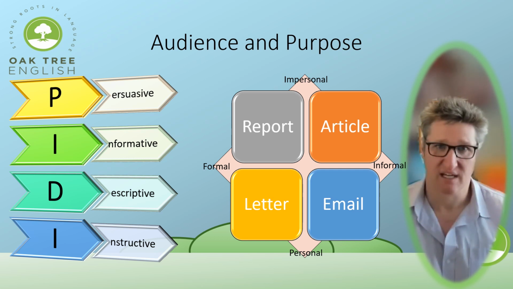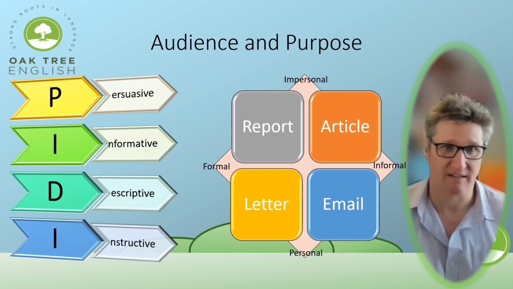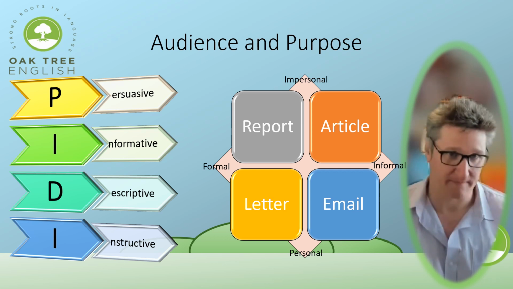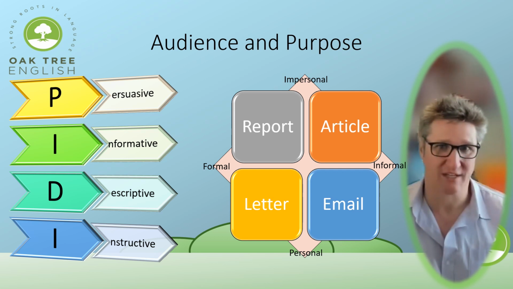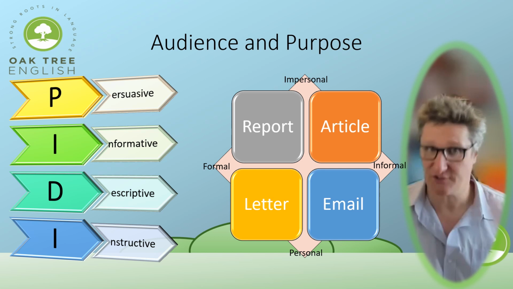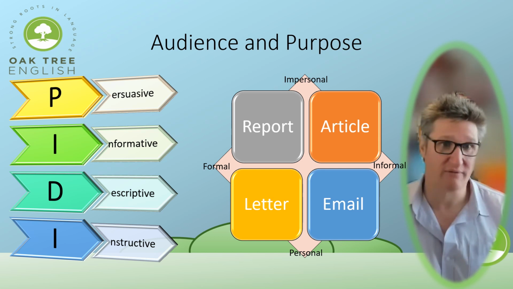Descriptive texts describe, such as a guidebook for an art gallery. Instructive is almost anything published by IKEA, instructing people how to put their shoe rack together. There will often be some overlap between the groups. An article will usually inform, but may have descriptive or even persuasive elements in it.